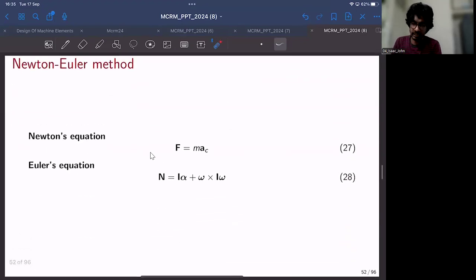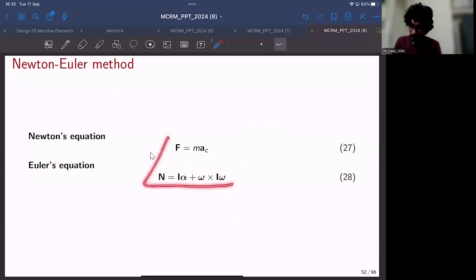And the Newton-Euler scheme is defined by two equations. One equation for linear motion, this is Newton's equation, and the second for angular motion. That is, the net torque is nothing but I alpha plus omega cross I omega.